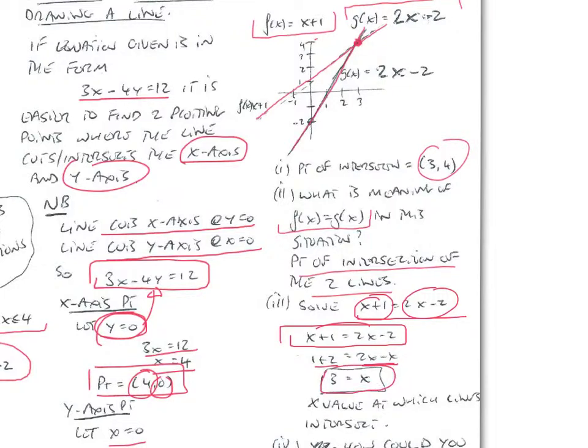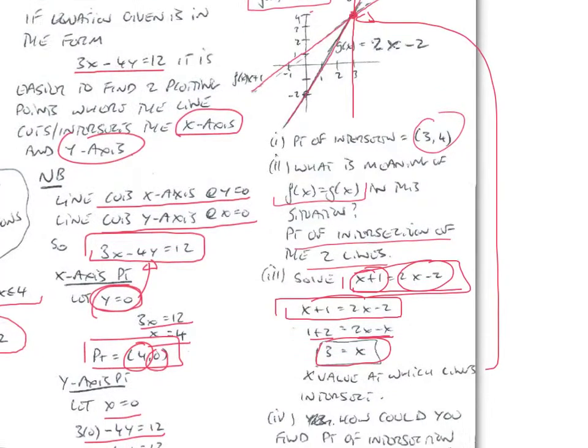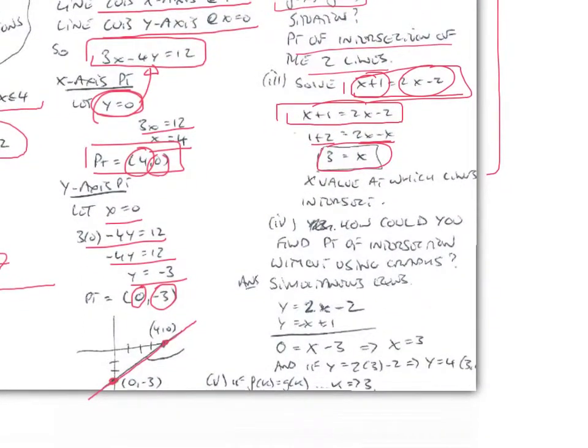And you can see, again, that that's the x value at which the lines intersect. Okay, so that x value here. So by equating the two functions and finding the common value of x, we could find the point of intersection of the two lines.